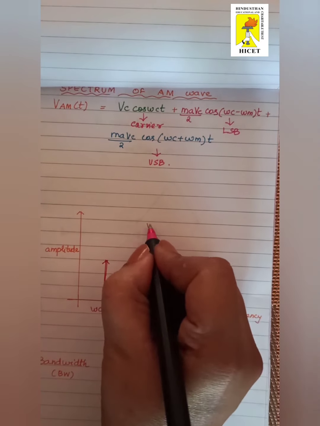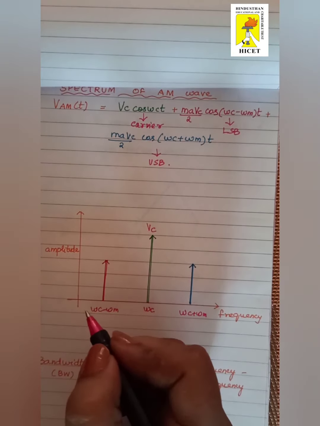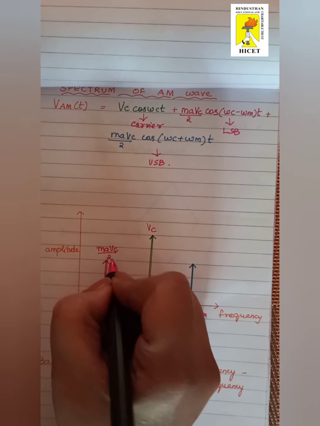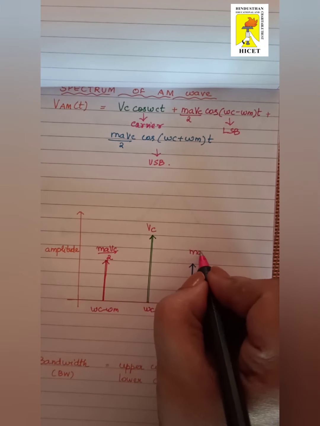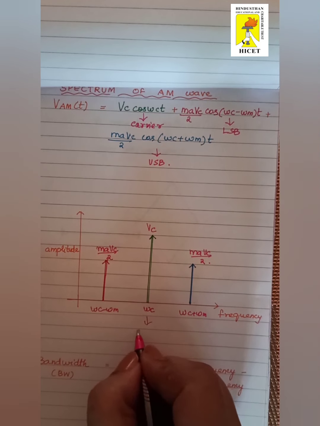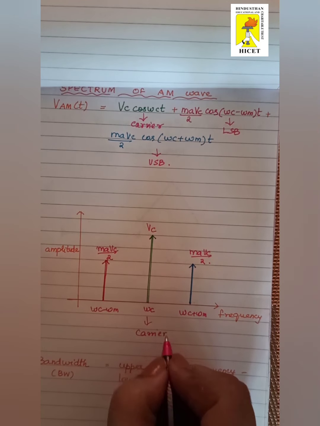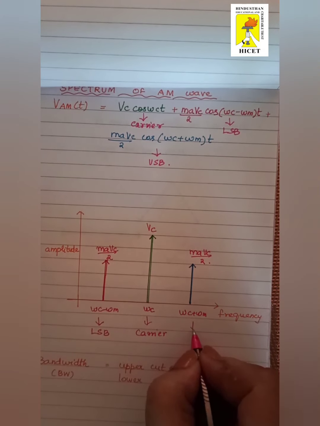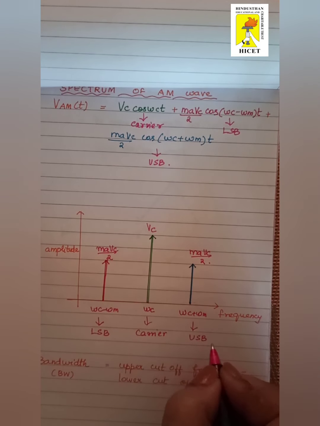The amplitude of the carrier wave is Vc. The amplitude of the lower sideband is Ma Vc by 2, and the upper sideband is Ma Vc by 2. So this is the carrier, this is the lower sideband, and this is the upper sideband.